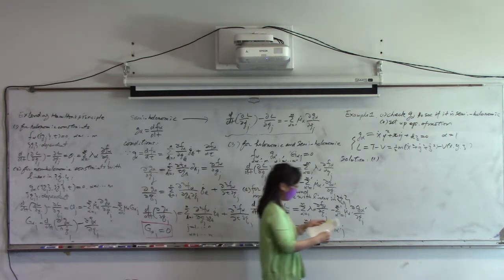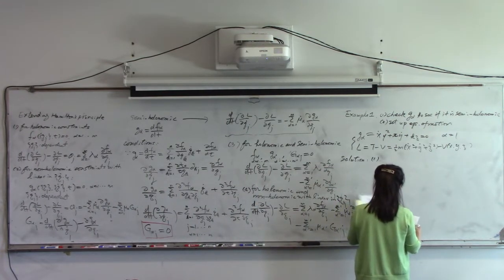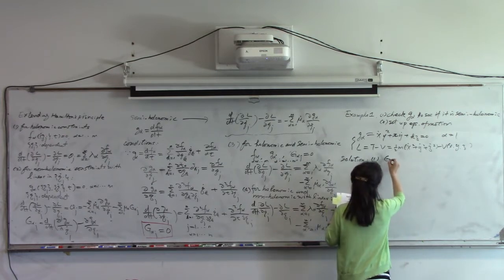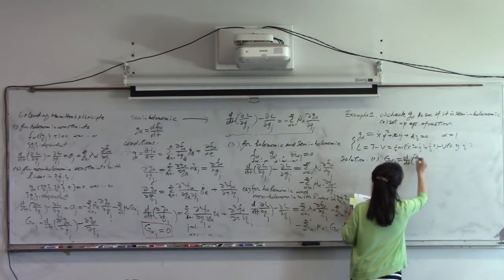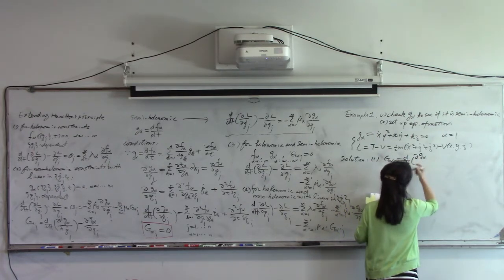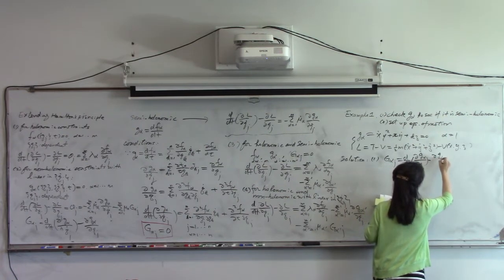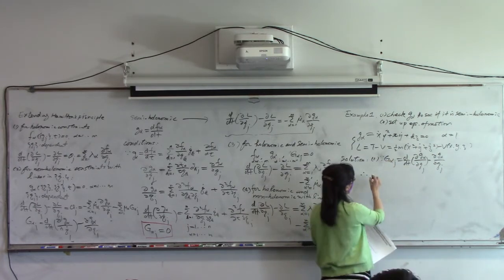Okay, so now let's do that. G alpha is d/dt of partial G alpha over partial q dot, minus partial G alpha over partial q. So how many do we have?